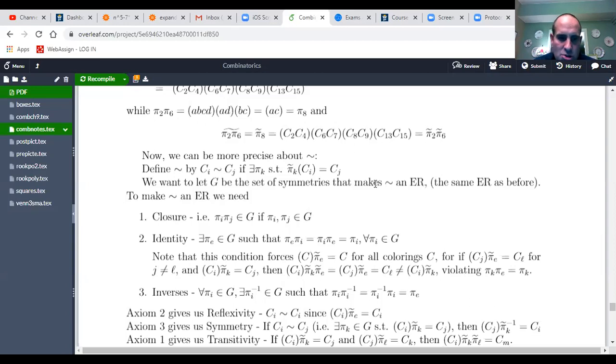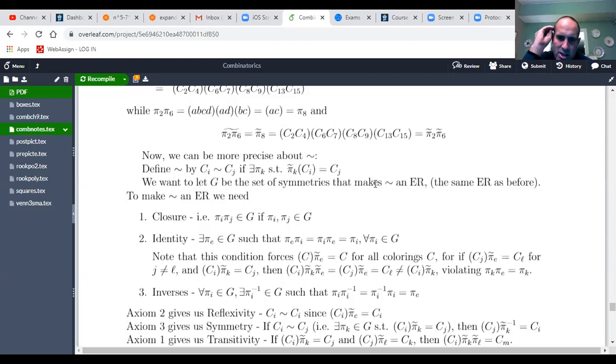We call that closure. We need to have something that fixes every element. This is just so that we can make sense of operating these things together. So there's something called the identity that when you compose it with any of the other permutations, you just get that permutation right back.